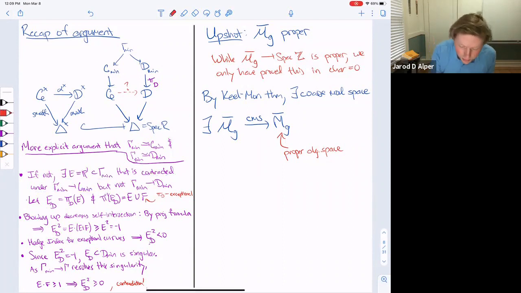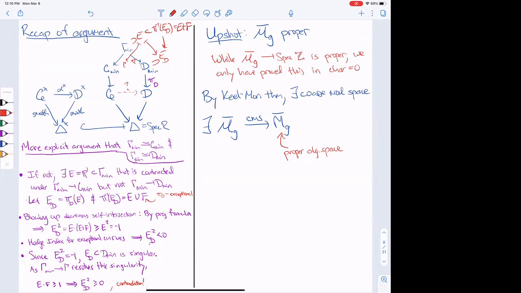In other words, there's some E that gets mapped to a point under this map, but under this one gets mapped to something else, call it ED. Let's also look at the preimage of this ED, pi inverse of ED. It contains E, but it might also contain some other exceptional divisor F.